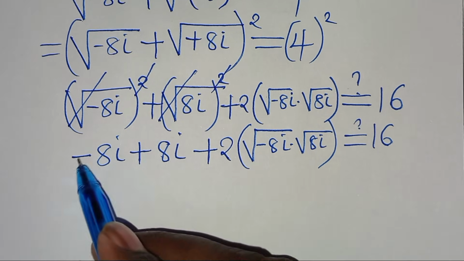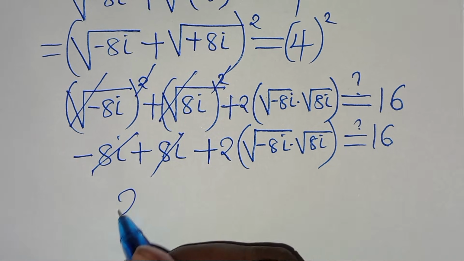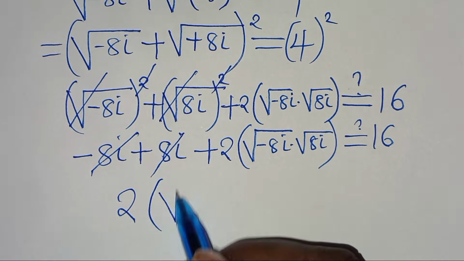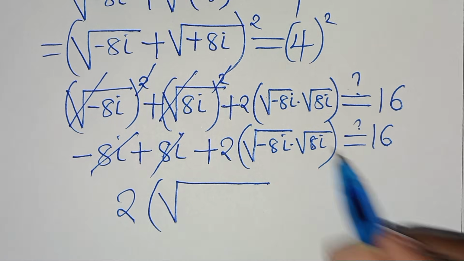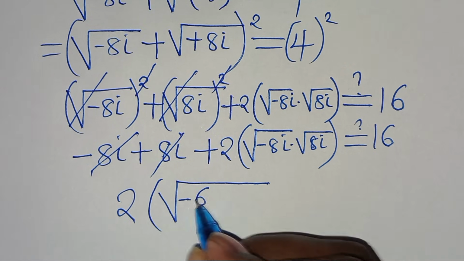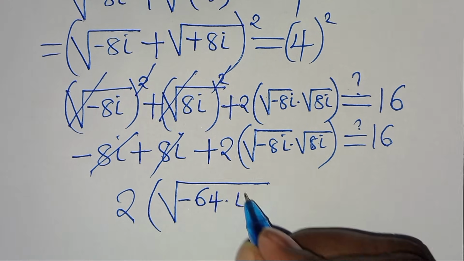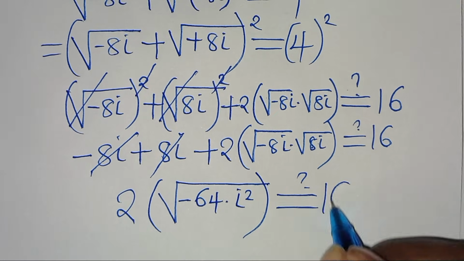So this implies that minus 8i plus 8i simplifies, so that we have 2 into the parentheses. We can express this as a single square root sign where we have minus 8 times 8, which is minus 64, multiplied by i times i. This is i squared, and this is supposed to give us a value of 16.